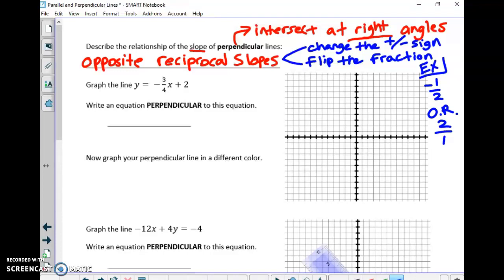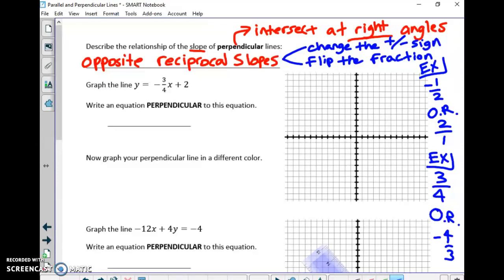What if I have another example? What if I have a positive 3/4? What's the opposite reciprocal of positive 3/4? It would be -4/3. Very good. Because I changed the sign and I flipped the fraction. So the opposite reciprocal is -4/3.